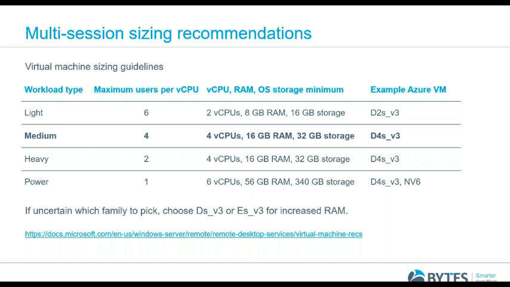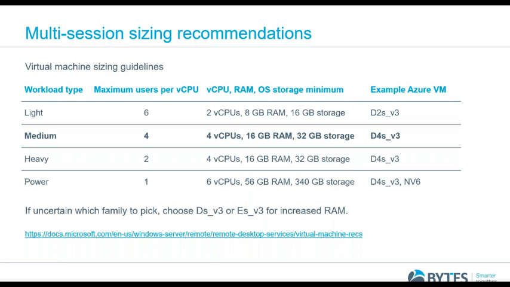Also, if you're uncertain which virtual machine type or family to select, the DSV3 and ESV3 are very useful. I tend to go for ESV3 just to increase that RAM. In most situations, I find that RAM is more of an issue than compute.